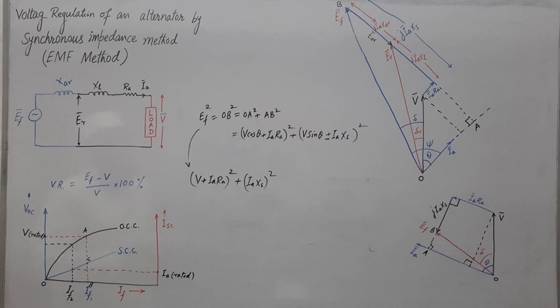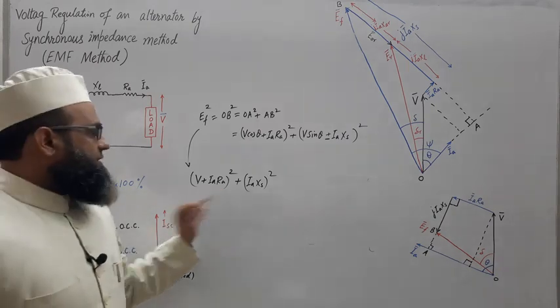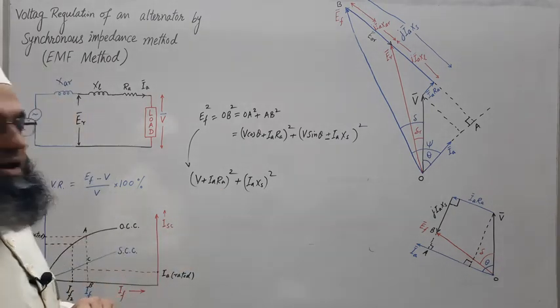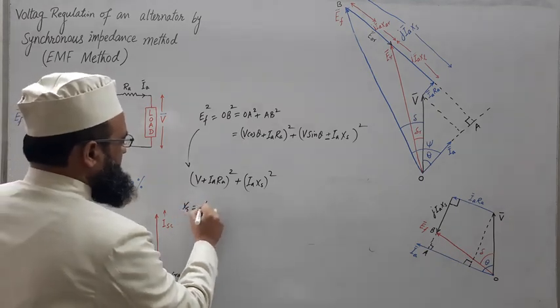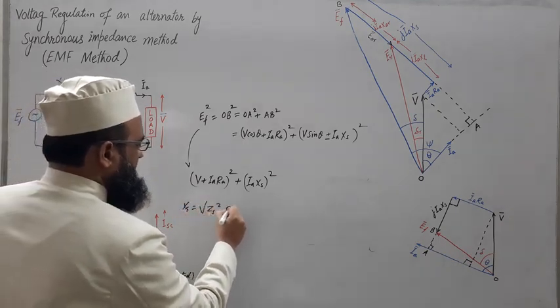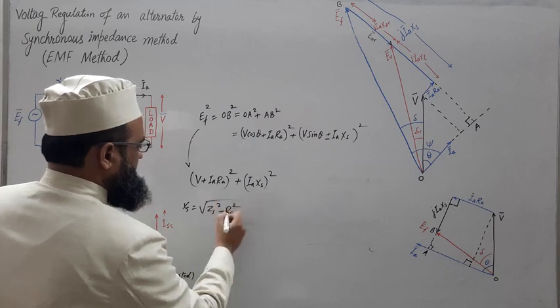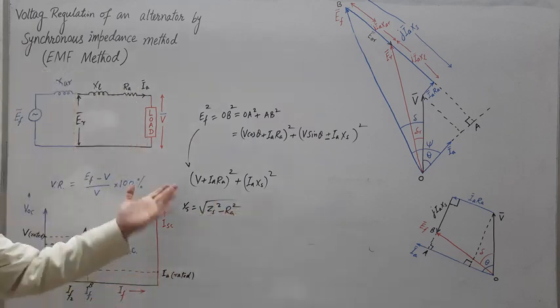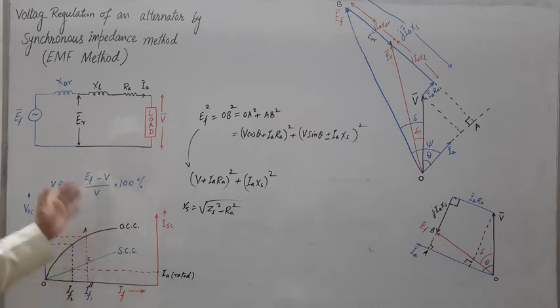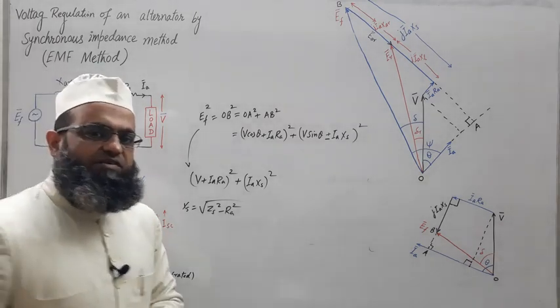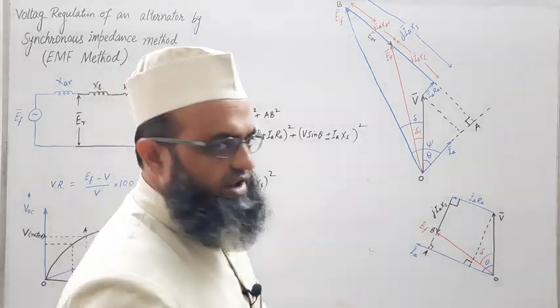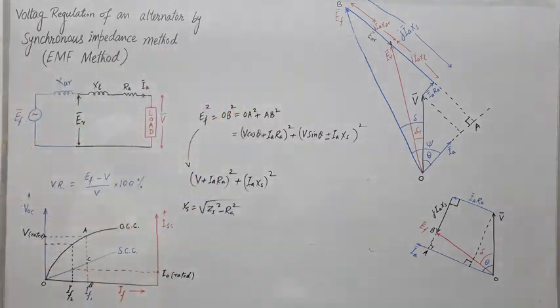Once ZS is obtained, if RA is given, take it, and XS will be nothing but under root ZS square minus RA square. That is it. If RA is ignored, then directly the ratio of VOC upon ISC will give you ZS, and ZS is nothing but RA plus JXS. So RA is ignored, means XS will be evaluated.